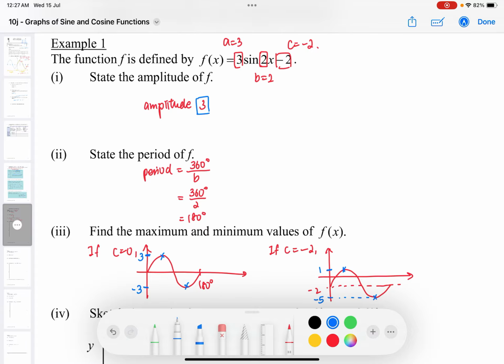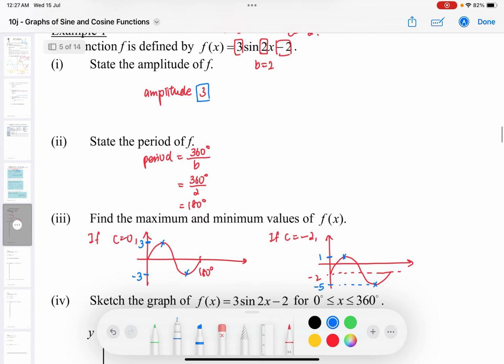So this is the part where we get our maximum and minimum value. Our max will be 1, our minimum will be negative 5. The amplitude gives us the maximum and minimum.